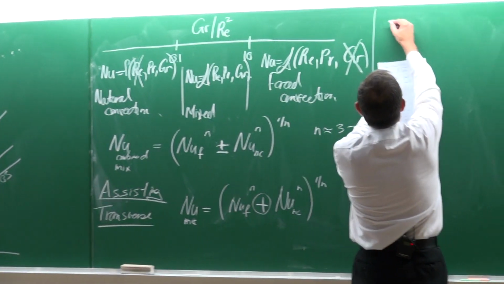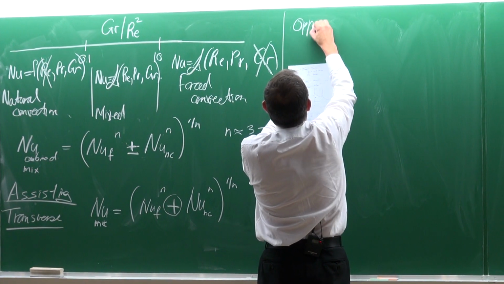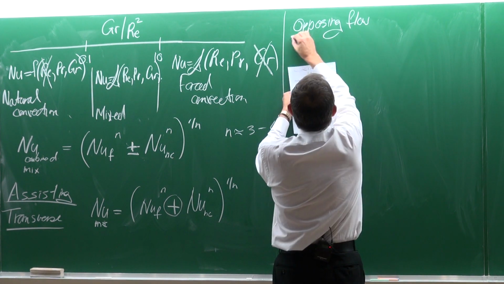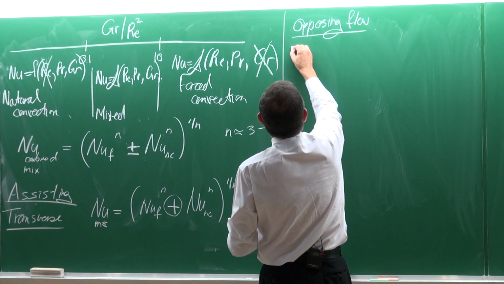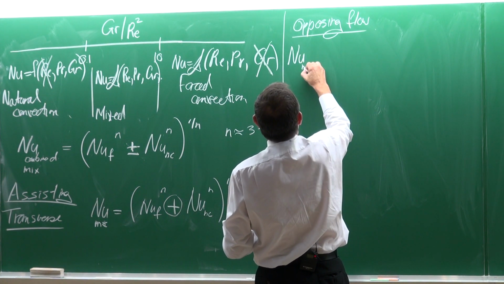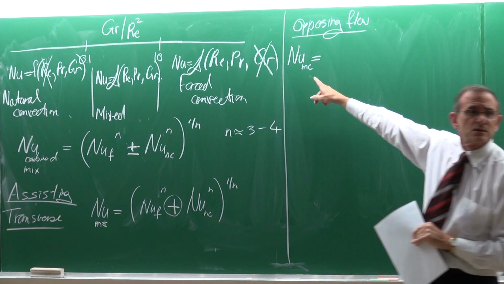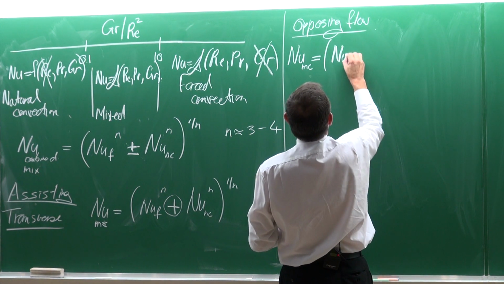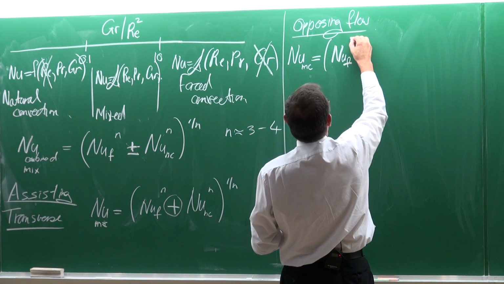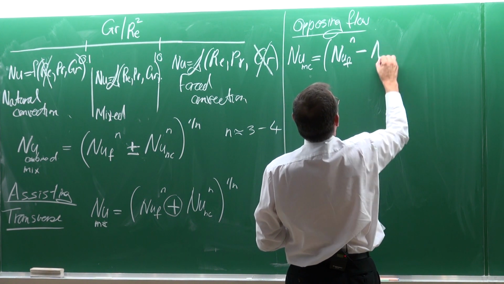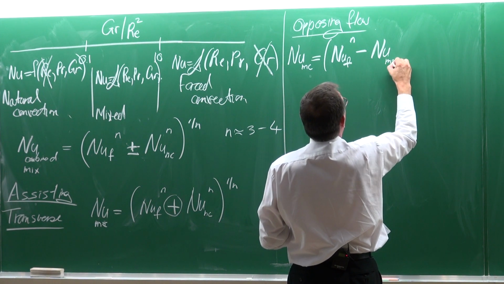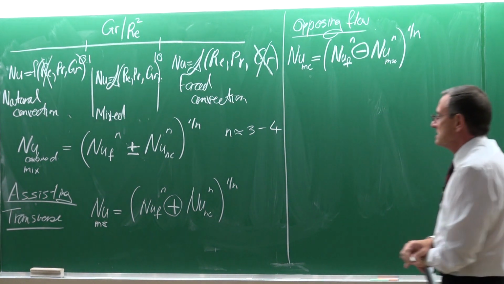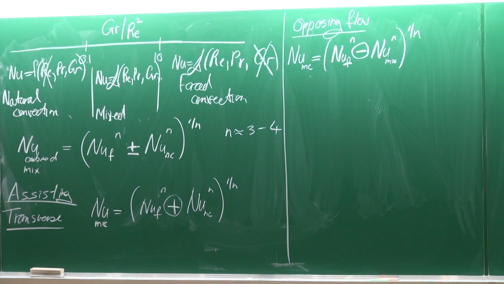For the cases where it is opposing flow, the Nusselt number for mixed convection, MC, is equal to the Nusselt number of forced convection to the n minus the Nusselt number for natural convection to the n, to the 1 divided by n. So in that case, the sign is negative.